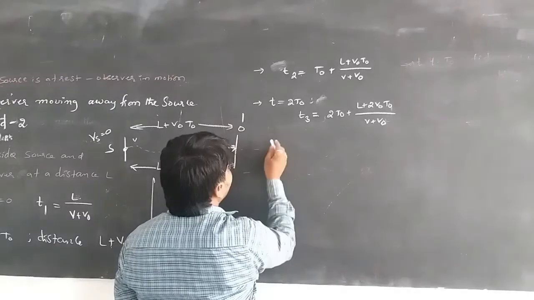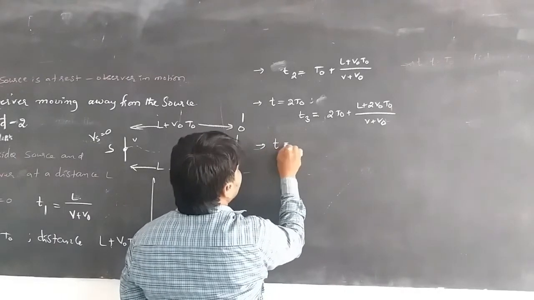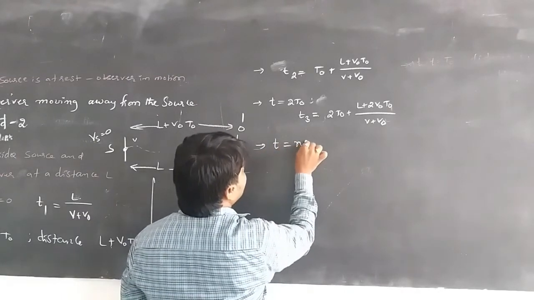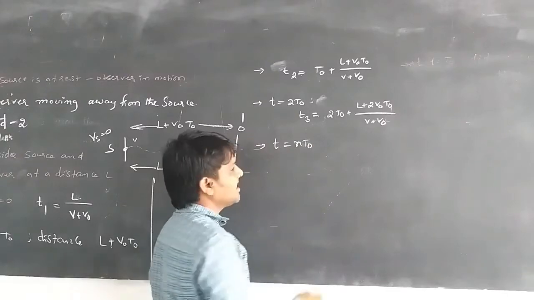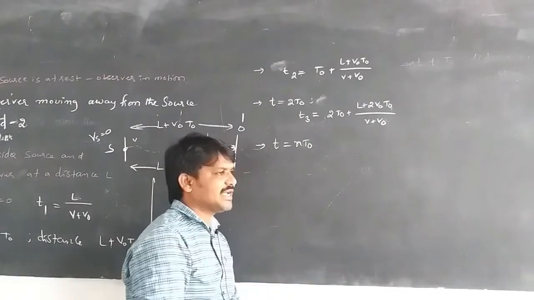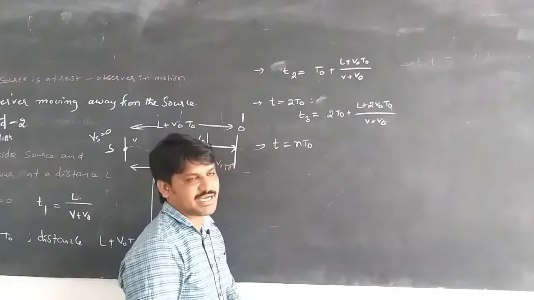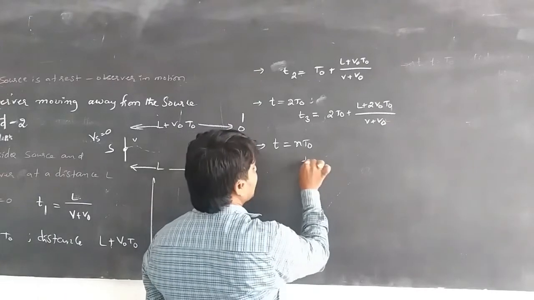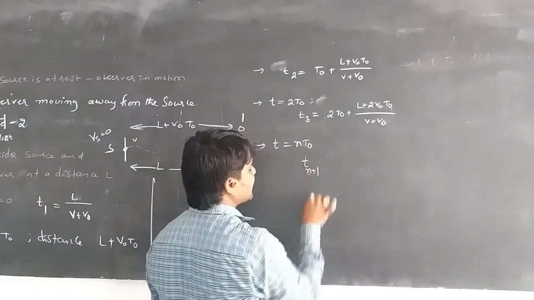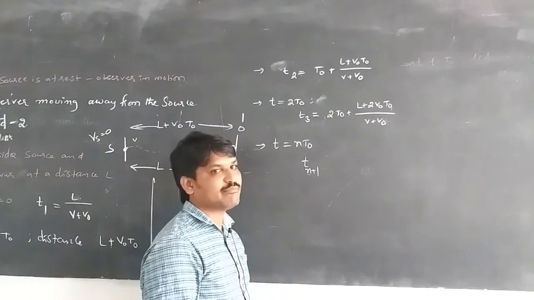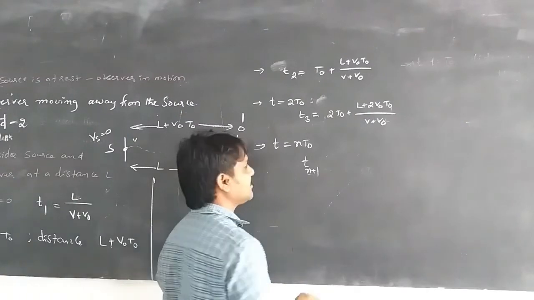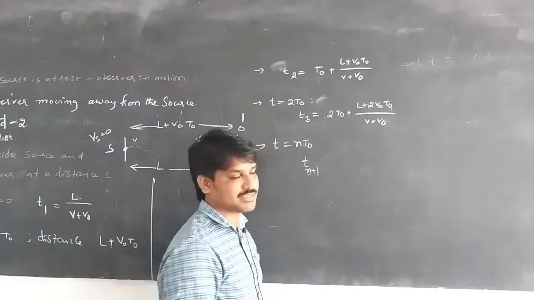So we write that for n times the observer travels, so it will be n T0. Then after travelling n T0, the observer receives the n plus 1th wave. The n plus 1th wave is received after travelling n T0 times.